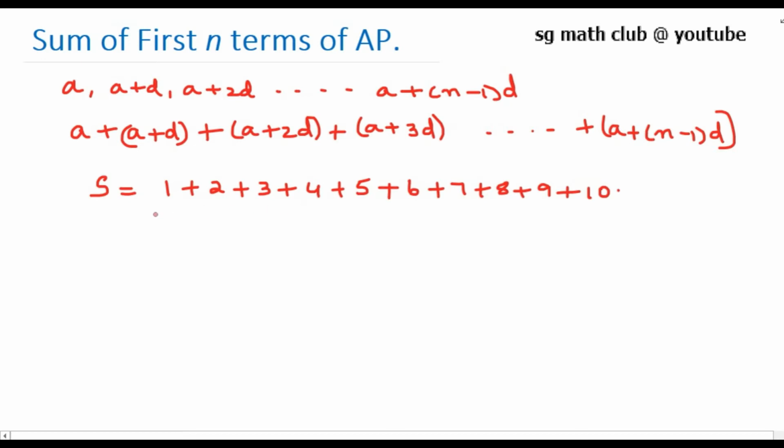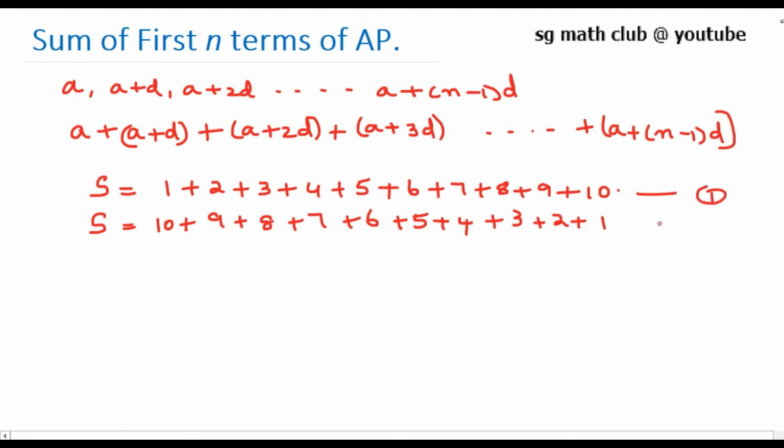Instead of adding this, I can do it with a shortcut. Now I am going to write these numbers in reverse order: 10 plus 9 plus 8 plus 7 plus 6 plus 5 plus 4 plus 3 plus 2 plus 1. Now I will add these.